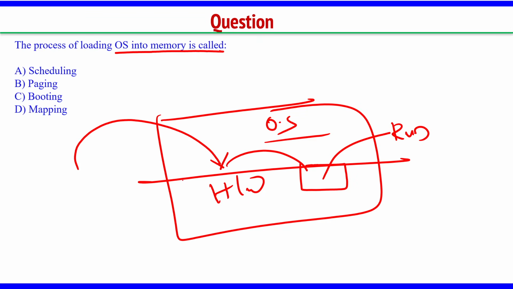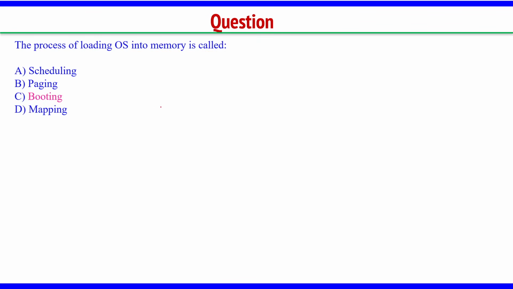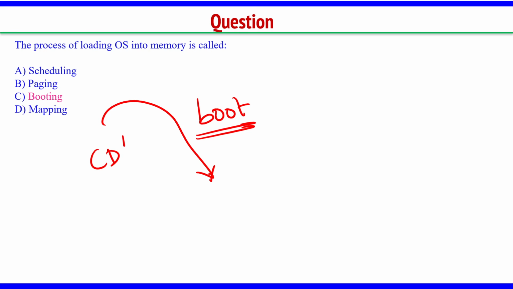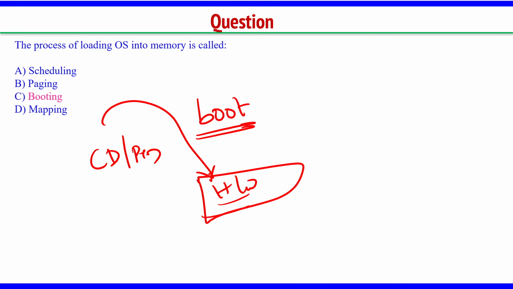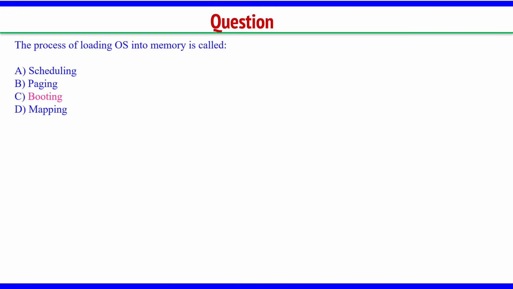Right? If you are using some laptop, as soon as you turn it on, you will see some command. By that you can guess the answer. It is nothing but booting, right? When we say boot, it means you are copying the operating system from CD drive or pen drive into your hardware memory. So we call it booting.